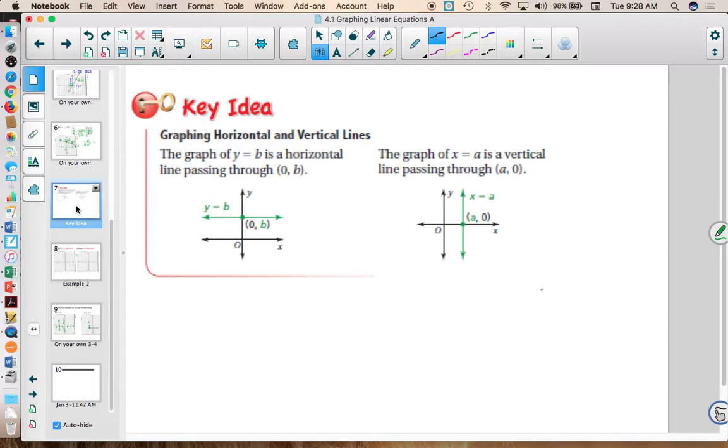Always. The graph of x, where x is any number or a, is always going to pass through a, 0. Okay, it's not really going to intersect with that y-axis, is it? Because it doesn't exist. All right?